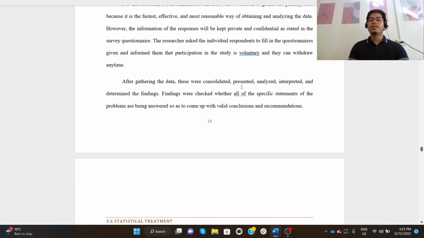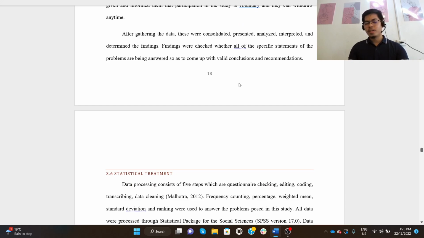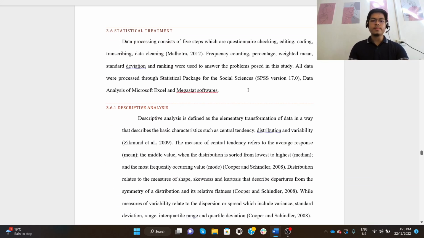The researcher asked the individual respondents to fill in the questionnaires given and informed them that participation in the study is voluntary and they can withdraw anytime. After gathering the data, these were consolidated, presented, analyzed, and interpreted and the findings determined. So findings were checked whether all of the specific statements of the problems are being answered so as to come up with valid conclusions and recommendations.